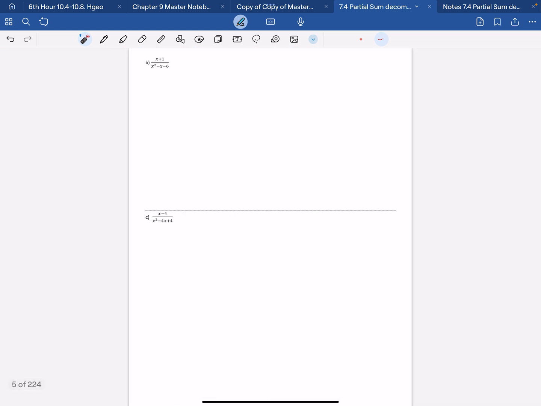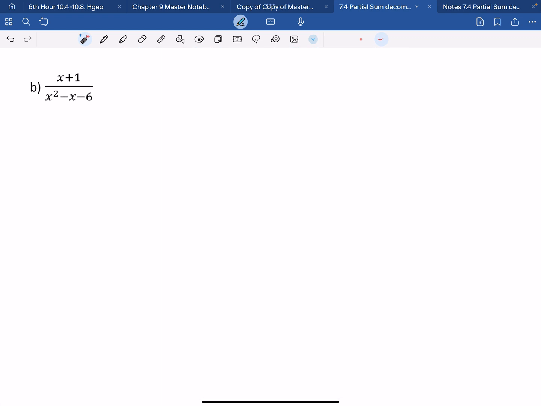Okay, let's try another one. Two more. All right, step 1. Ready? Here's our goal: to break this apart into partial fractions. Step 1 is to take this, keep the top exactly how it is, and factor the denominator. What two numbers multiply together to give you negative 6, but add up to negative 1?